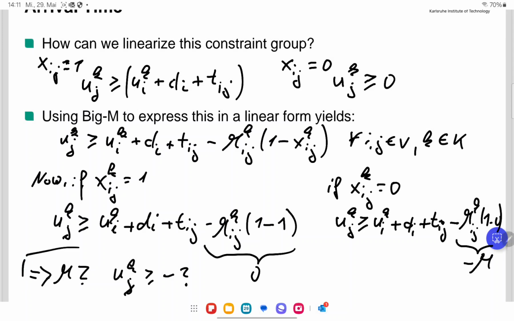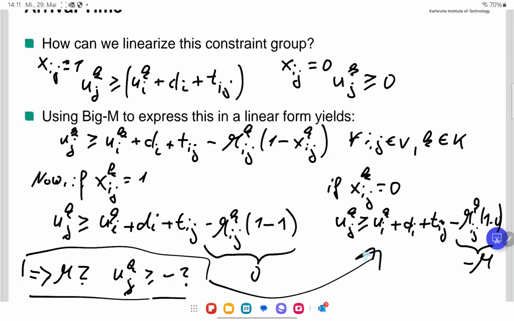So if we use a capital M formulation and we use some kind of huge value for M, then we have for this particular case a negative value. So this is an example for the case if we don't choose the arc. So that means we would like to switch off, in some sense, this constraint, okay? So it's not binding.